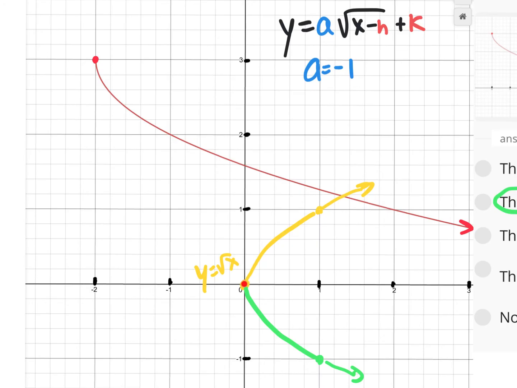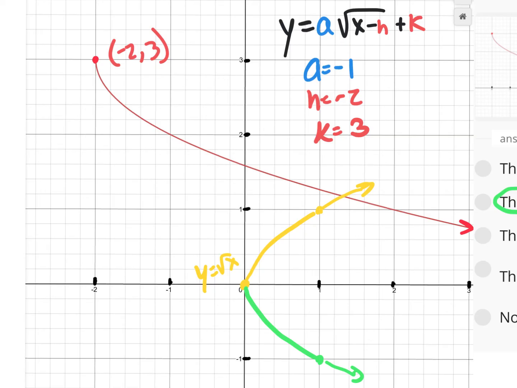When I do the square root of 1, I get 1. So that's why it's a coordinate 1 up, 1 over. So right here, down 1 over 1. It didn't get vertically stretched or compressed, but we know it's negative because it got reflected over the x-axis. Now let's talk about the h, k, the most important coordinate, which in this case is -2, 3. So the h value is -2 and the k value is +3.